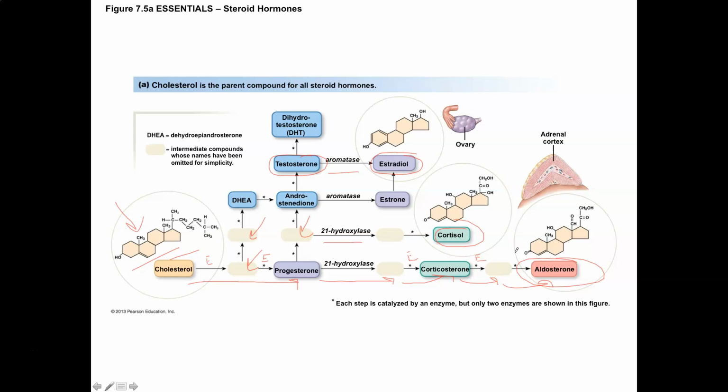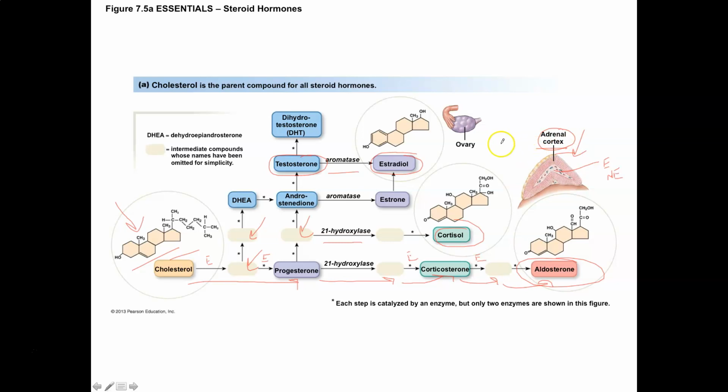Now, there's only a few organs that are actually going to produce steroid hormones. So we have the adrenal glands that produce steroid hormones, and specifically that would be the adrenal cortex. The medulla, the inner portion of the adrenal gland, will make things like epinephrine and norepinephrine. But it's the adrenal cortex that's going to produce your steroid hormones.